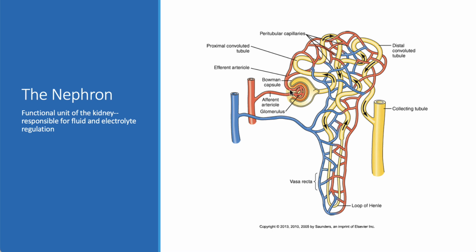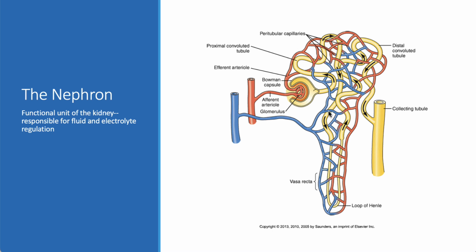It's essentially just dumping plasma minus the proteins into the Bowman's capsule and then taking what's left, the big proteins and the blood cells, into the efferent arteriole that then wraps around the proximal convoluted tubule. That comes from Bowman's capsule, goes to the proximal convoluted tubule, and that's served by the efferent arteriole.